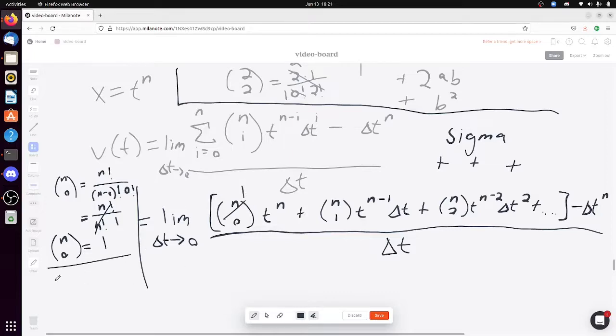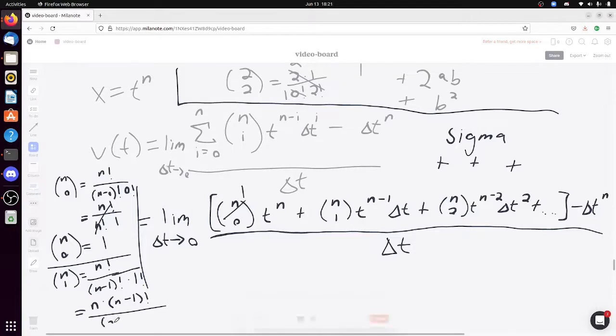Let's try the next one. So let's try n choose 1. We get n factorial divided by n minus 1 factorial times 1 factorial. Now you might think that you're running into a problem here, but you're not, because if you understand the definition of factorial, you can represent the top as n times n minus 1 factorial, divided by n minus 1 factorial.